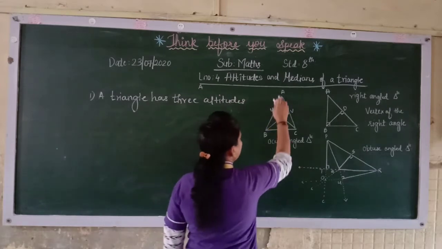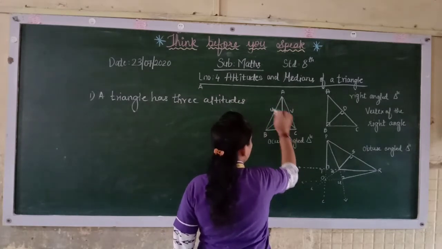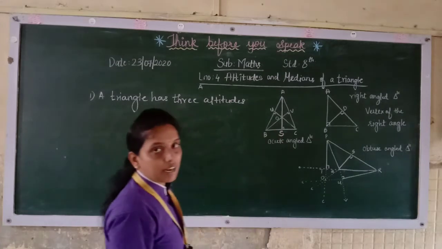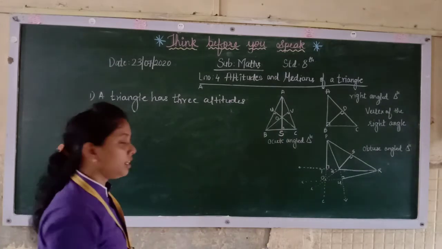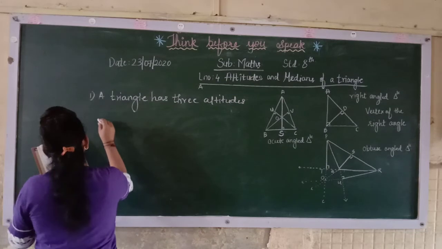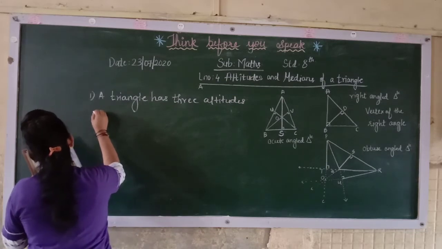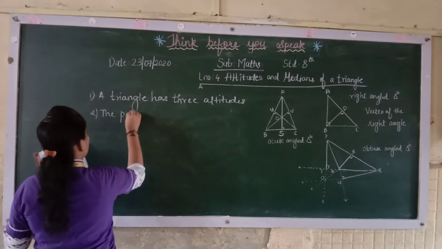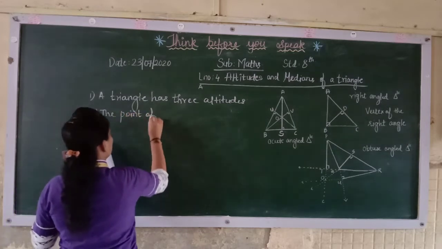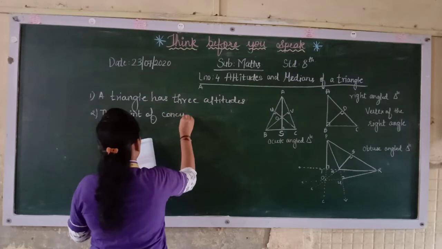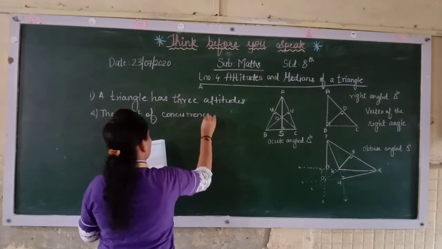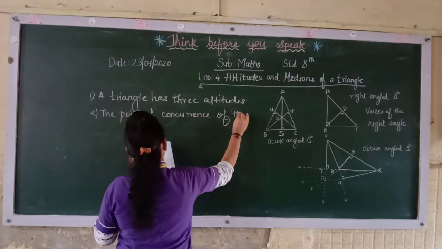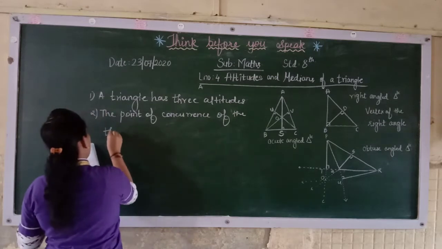Now see here, three vertices, so from three vertices you will get three lines, so three altitudes. A triangle will have three altitudes. Now second, the point of concurrence of the three altitudes.